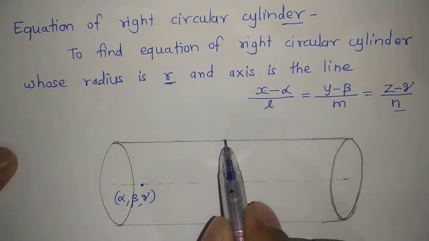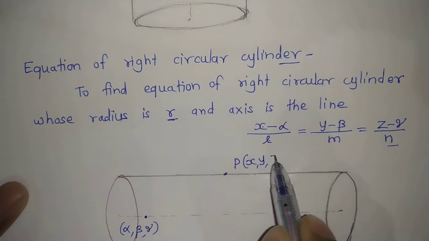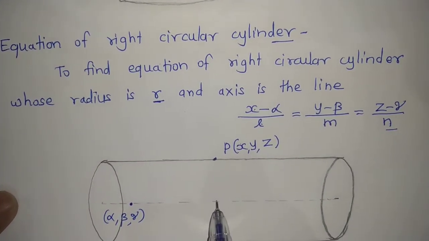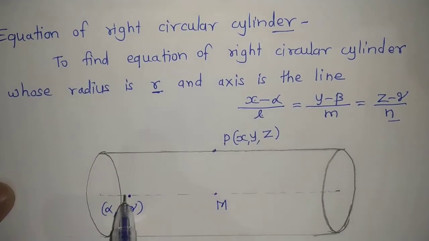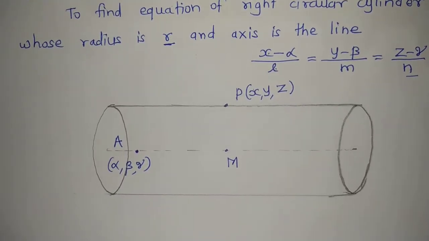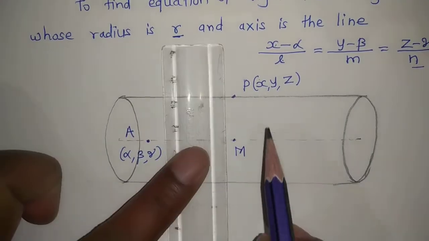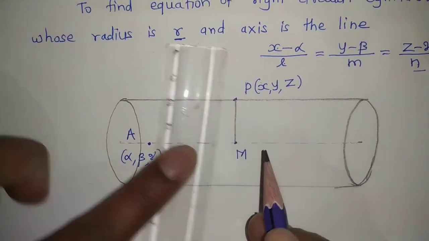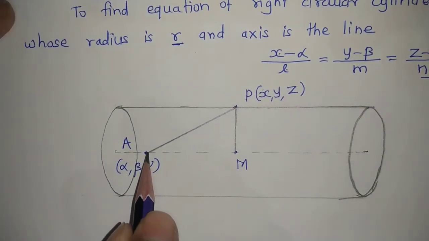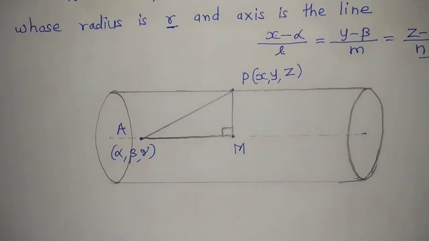Take any one point which lies on this right circular cylinder, with coordinates x, y, z, and denote this point by A. Let us form the right angle triangle whose vertices are A, P, M. This is perpendicular, and join these two points A and P, so this angle is a right angle.